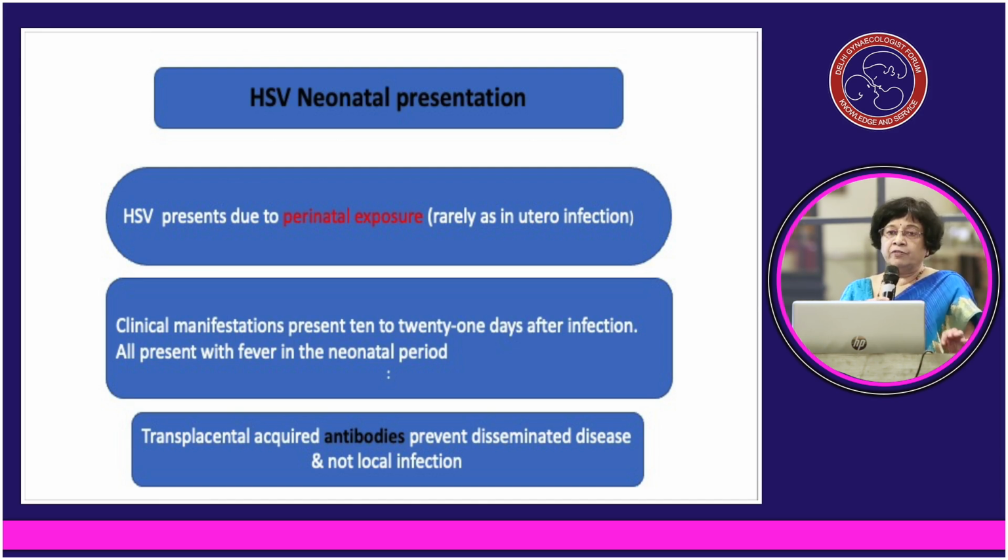So that is the reason why we have to test the mother after 21 days of any infection. All present with fever in the neonatal period. Transplacentally acquired antibodies also prevent disseminated disease, but they do not prevent a local infection in a neonate.